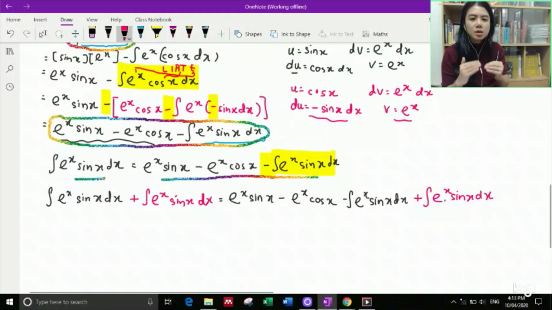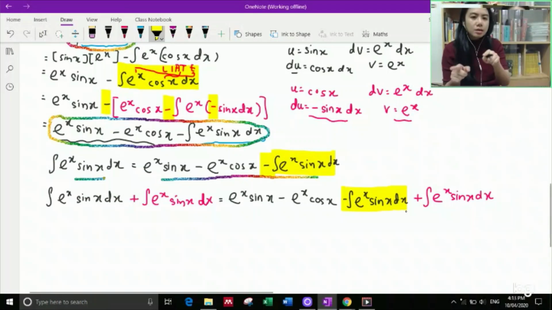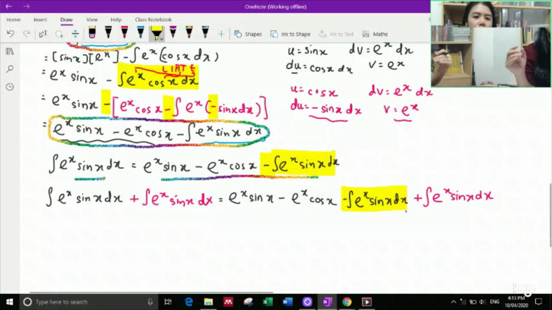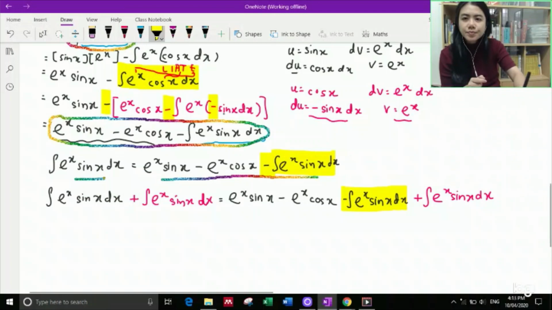Why do we want to do that? Remember, I said that you have to cancel out the minus item on the right hand side. So when you add that same item, you have minus that item plus that item, so you have a 0.